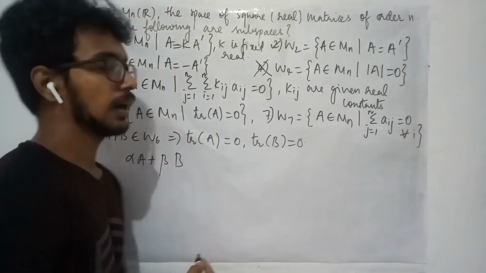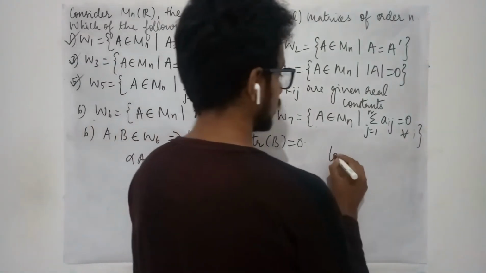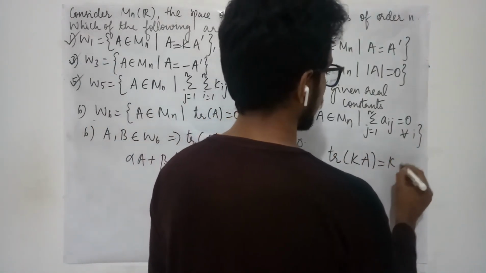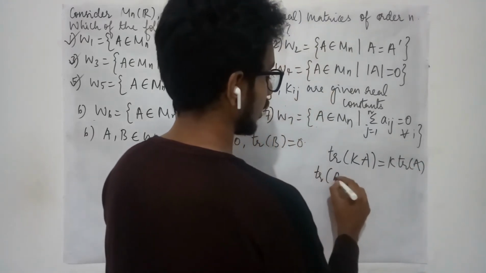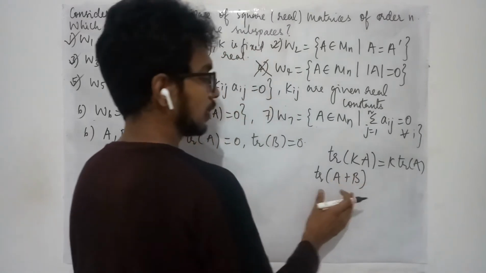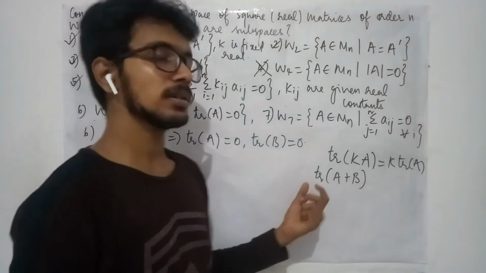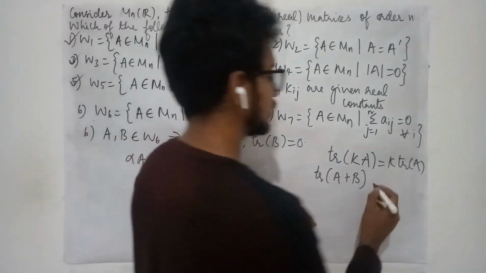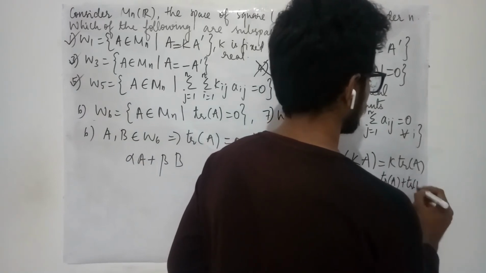Here I would like to register the properties of a trace. That is, trace of a scalar times a matrix is the scalar times the trace of the matrix, and trace of A plus B, because the trace is the sum of diagonal elements in a square matrix. So you just add two matrices and take the trace, or just take the trace and add the traces.